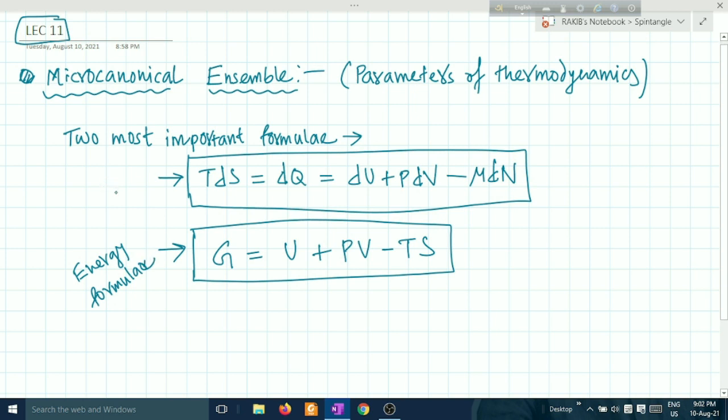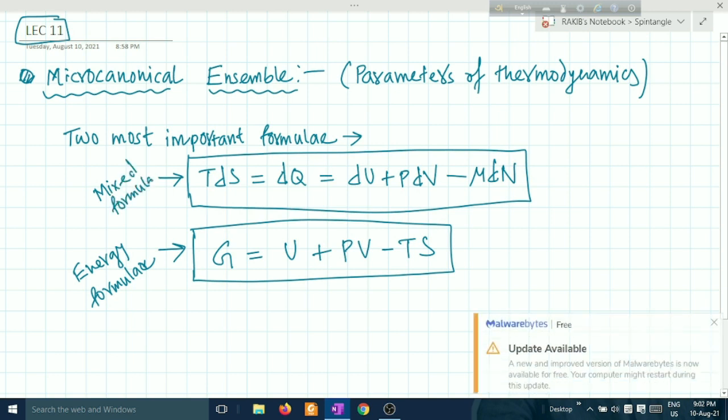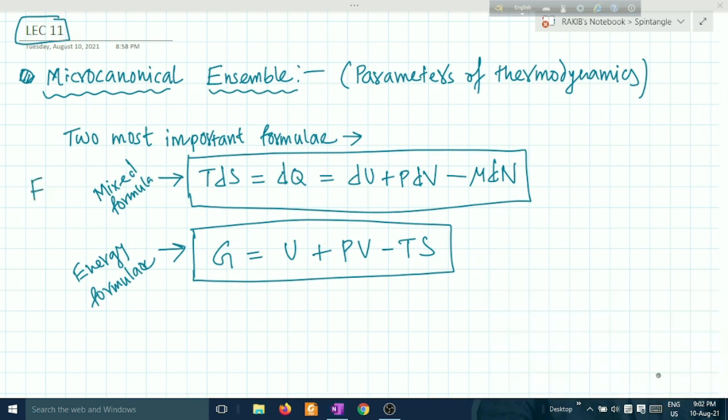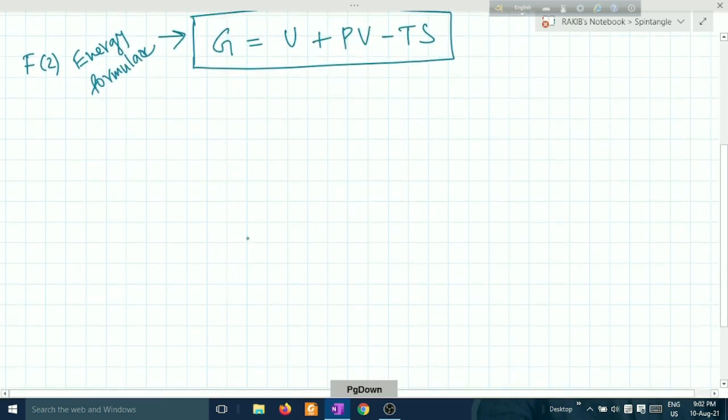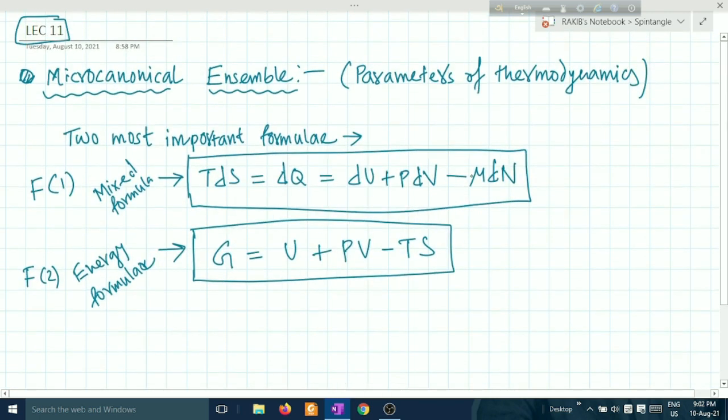This is the mixed kind of formula. This is formula 1, and this is formula 2. You have to remember these two to solve each and every kind of problem related to the microcanonical ensemble or any statistical and thermodynamical problem. These two formulas come from thermodynamics.